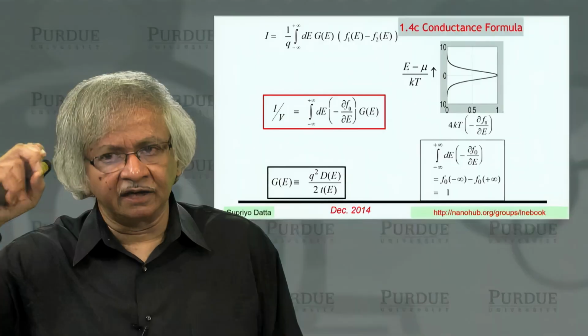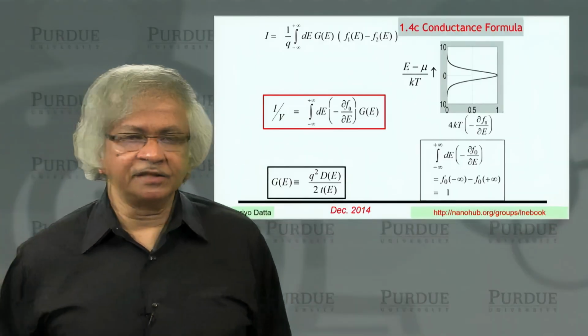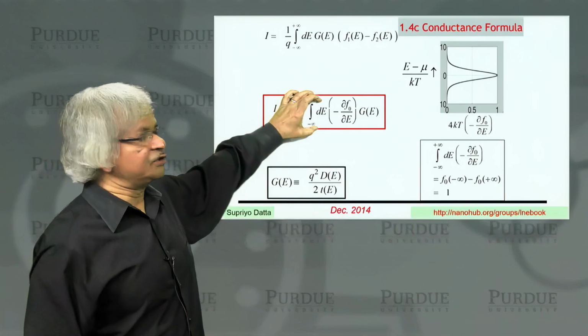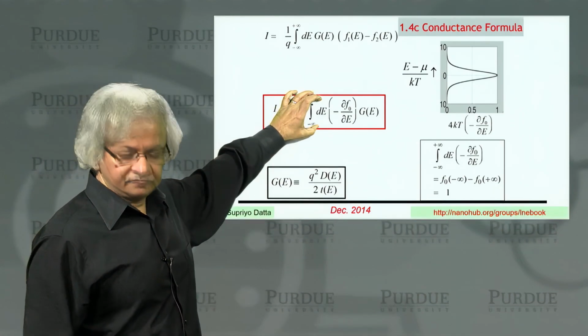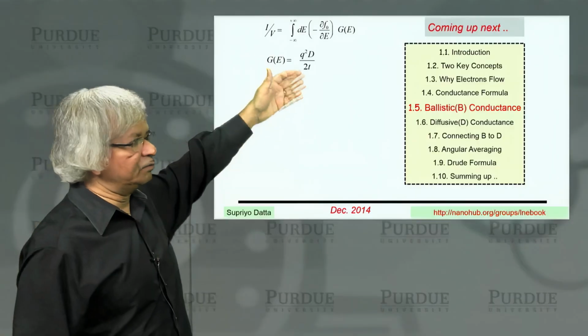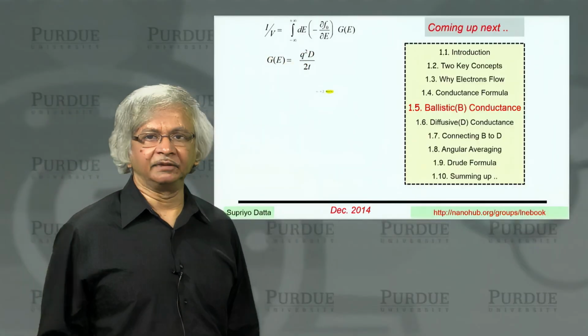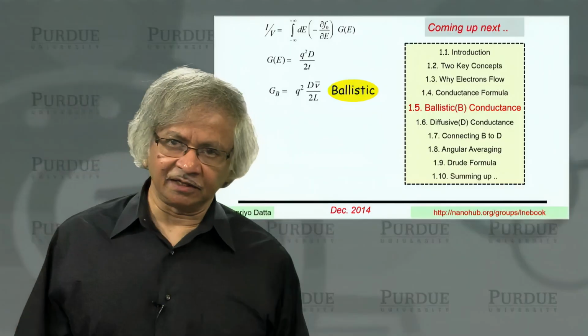What you want is the conductance at the Fermi energy. On the other hand, if you're at non-zero temperatures, then you have to average over energy. Okay? So with that understanding, we are now ready to move on to the next step. That is, let us take this conductance function and apply it to ballistic conductors.